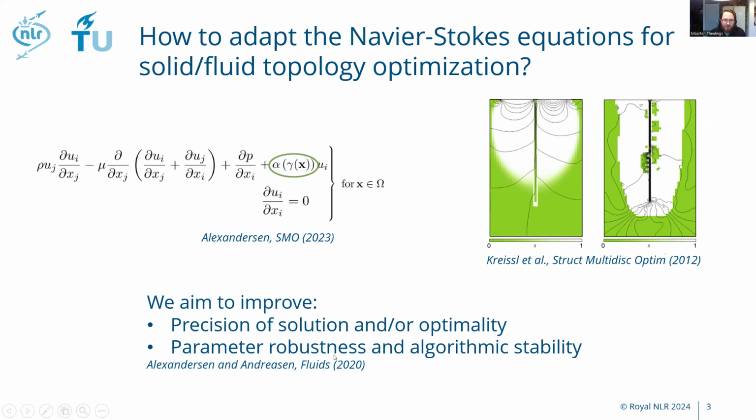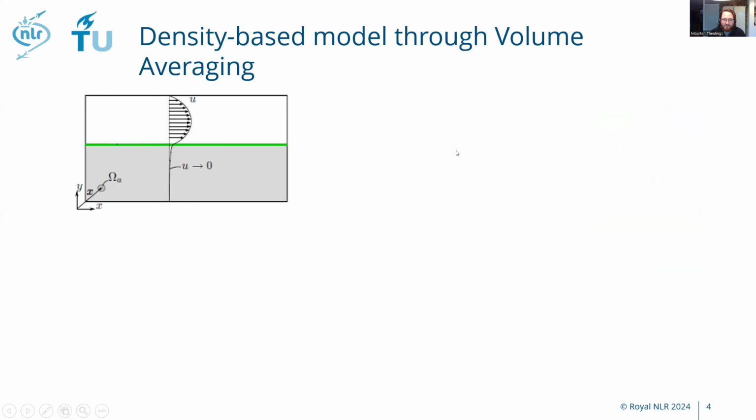And I wanted to find some parameter robustness. What I often experienced when I did flow optimization is that I needed to do a lot of tuning before I found the correct parameter settings. I tried to solve these problems, or at least improve them, by really looking at the Navier-Stokes equations and how we actually adapt them for our solid-fluid topology optimization.